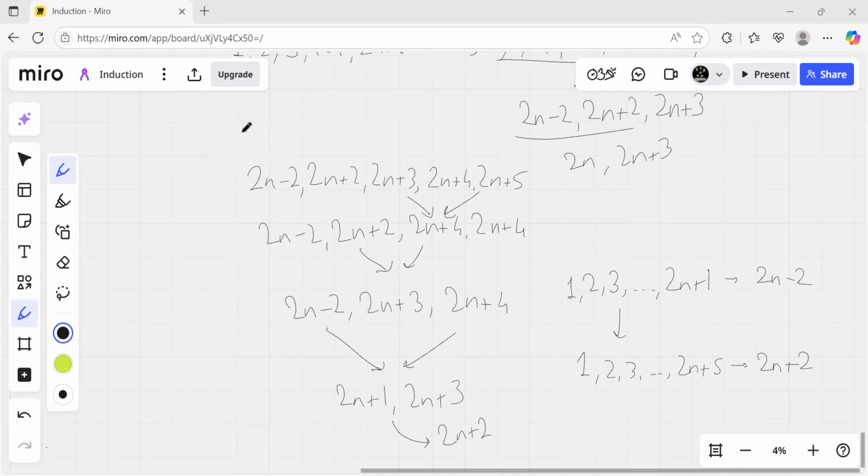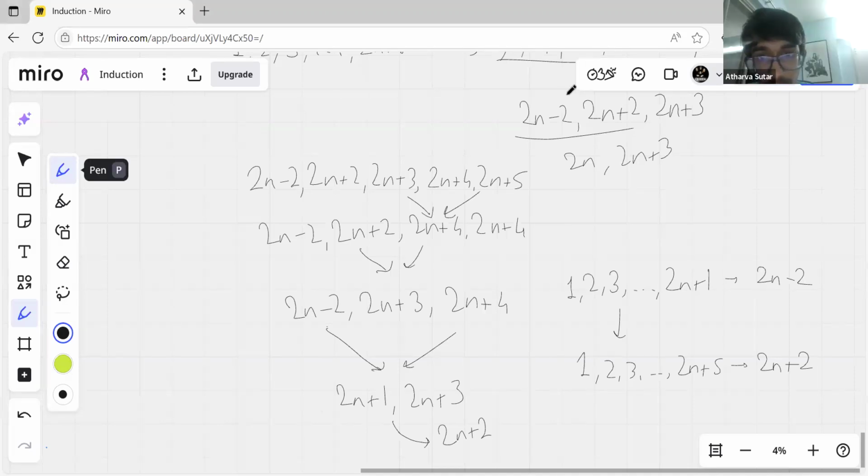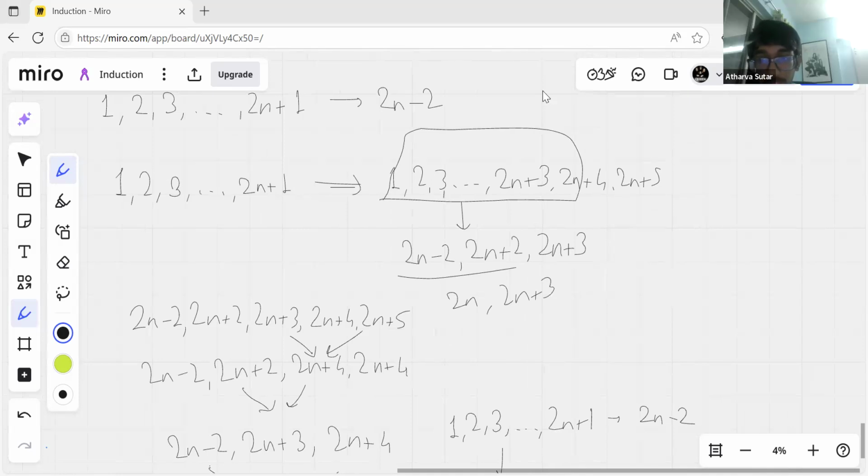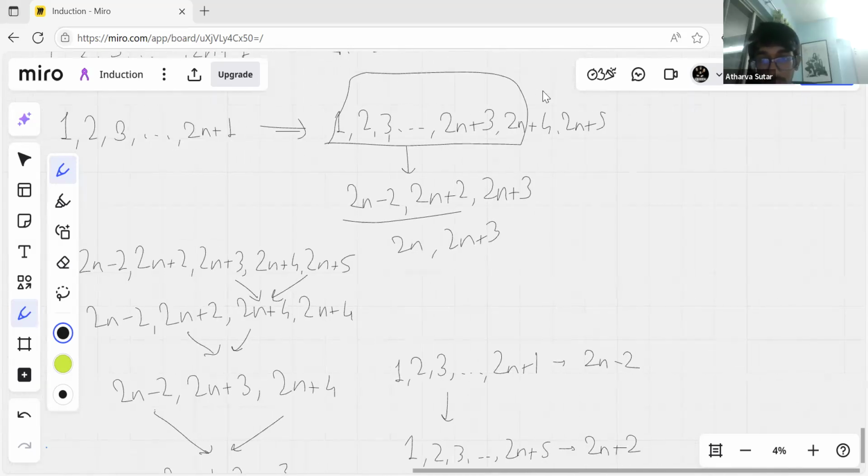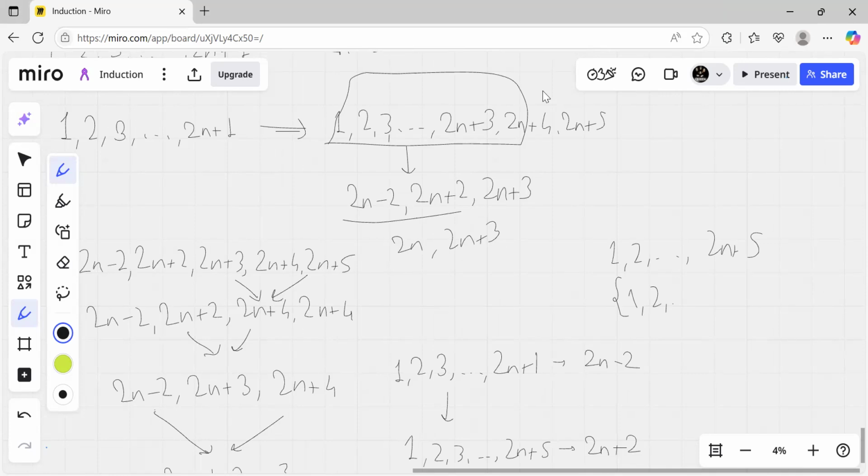Where did 2n plus 3 come from? You have all the integers from 1 to 2n plus 5, right? So basically if you have 1, and so on till 2n plus 5, basically the whole sequence, and then there are four extra integers.